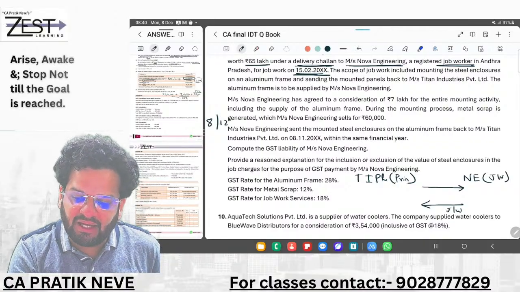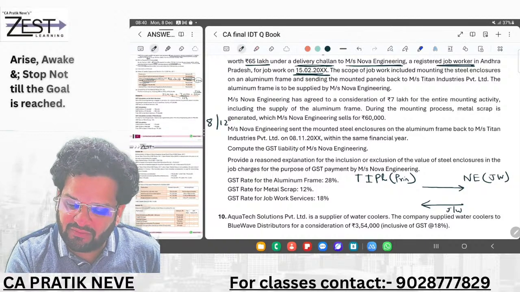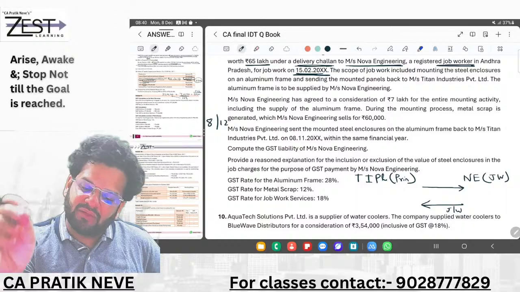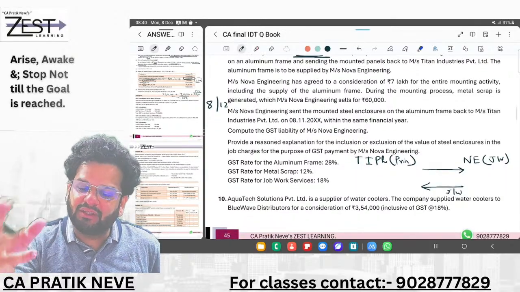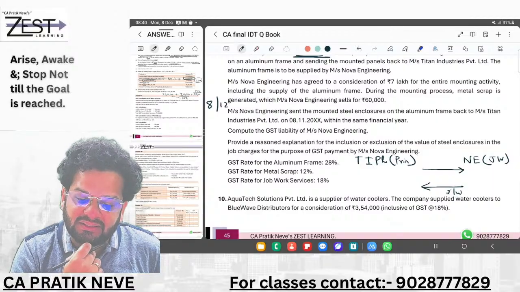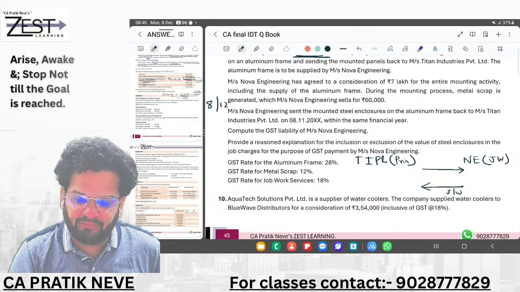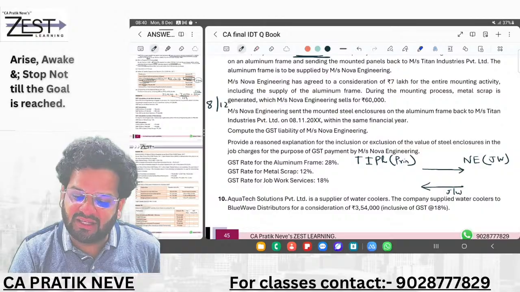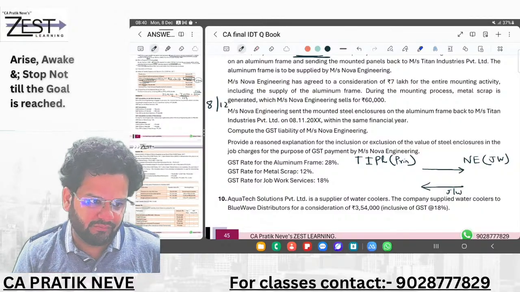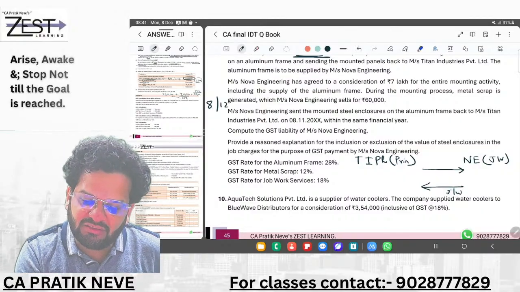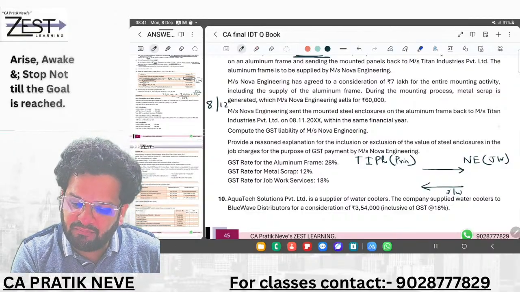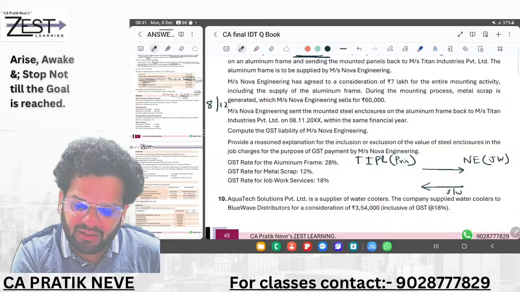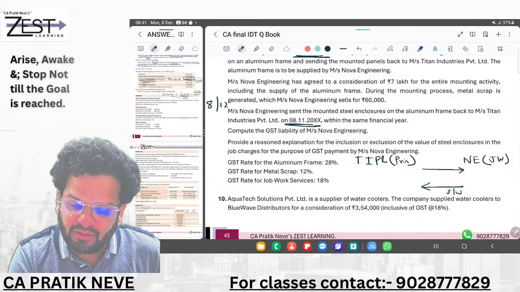Nova Engineering has agreed to a consideration of 7 lakh for the entire mounting activity, including supply of aluminum frame. During the mounting process, metal scrap is generated. Nova Engineering sells it for 60,000. Nova Engineering sent the mounted steel enclosures and aluminum frame back to Titan Industries on 18/11. Very good.